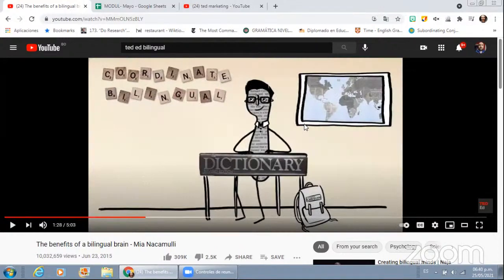A coordinate bilingual is going to learn academic English or academic Spanish, and is going to speak the other language at home or with friends. But be careful here. This person is not going to use a lot of translation, okay? He speaks academic language, one of those, and the other one natively because of his roots. It means the origins, right?